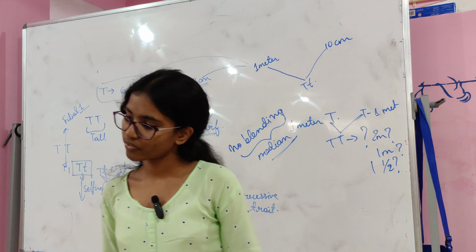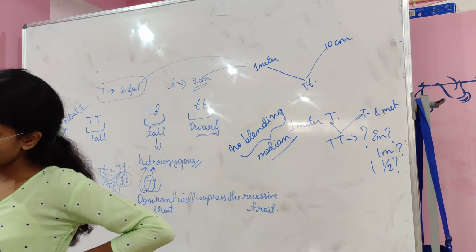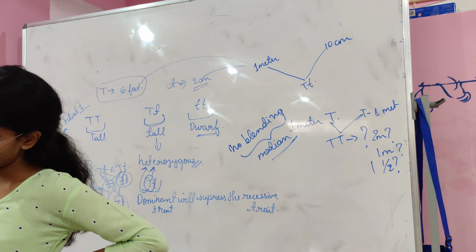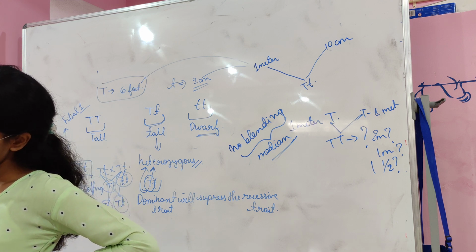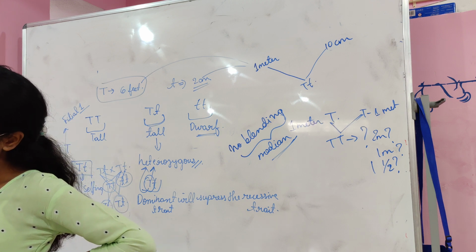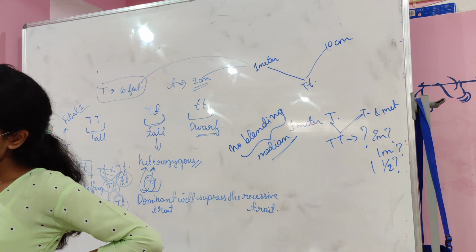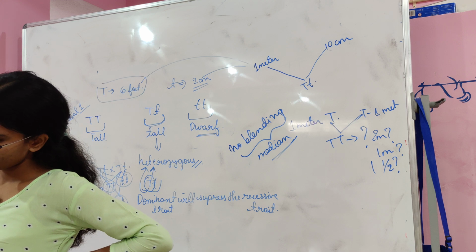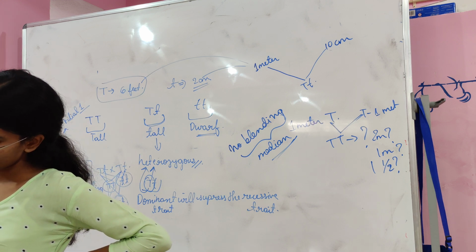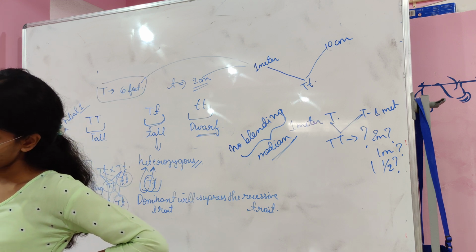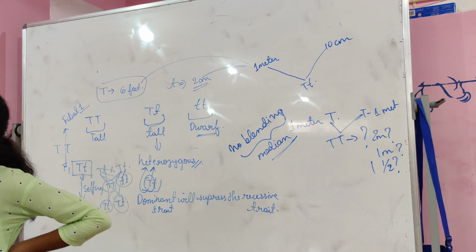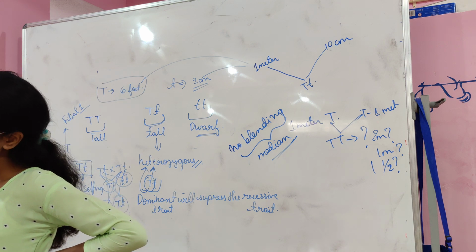If both TT, capital T, are the characters, then if the tall plant is 1 meter and the dwarf plant is 10 centimeters, then will TT, capital T, be 2 meters?